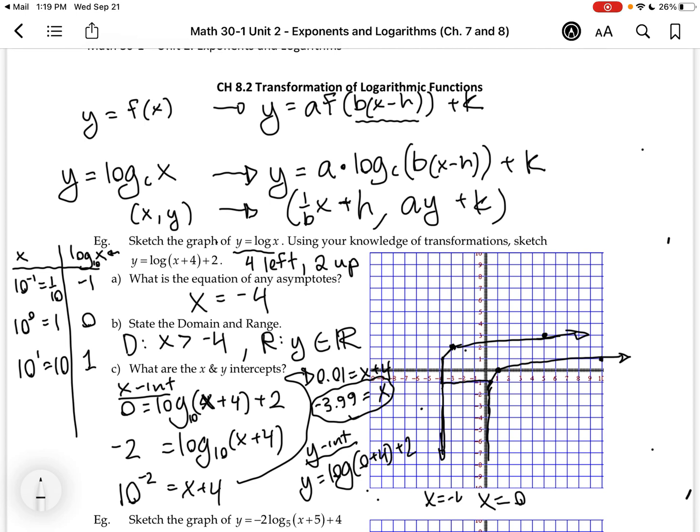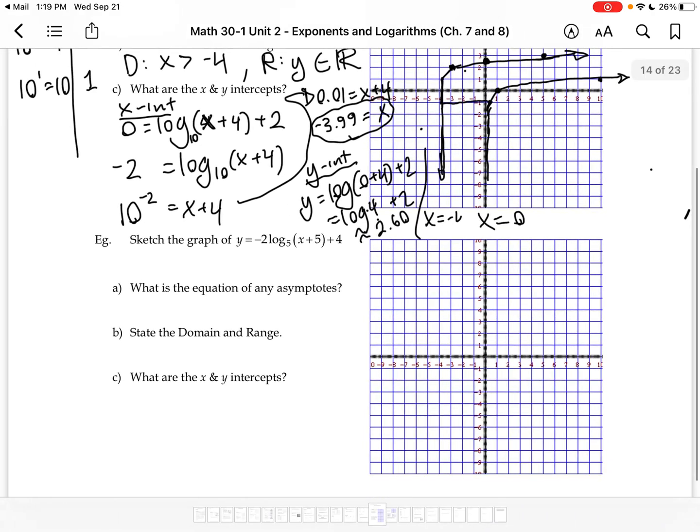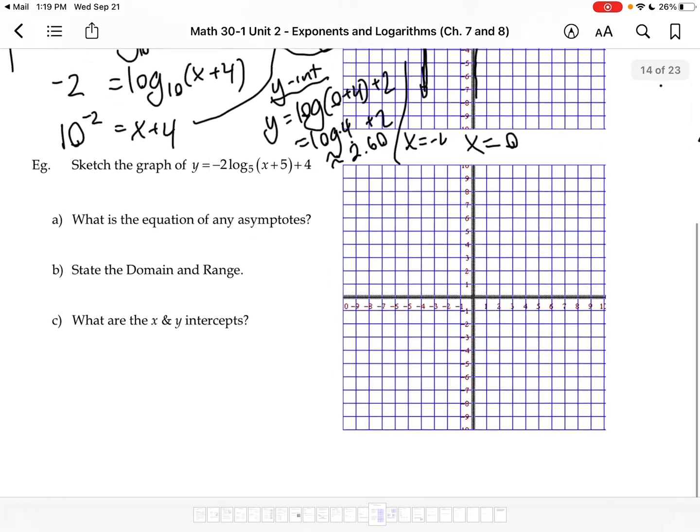And you can only evaluate the log of 4 on your calculator. You could also just graph this and find your intercepts using the graph. That's totally fine too. This is about 2.60. Okay, so that's the y-intercept right there. It's 2.60.